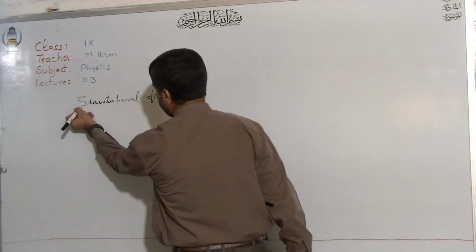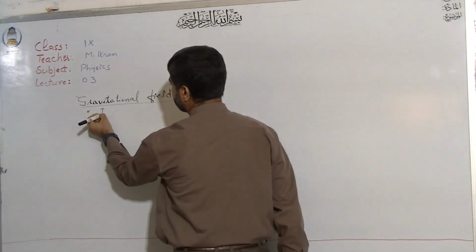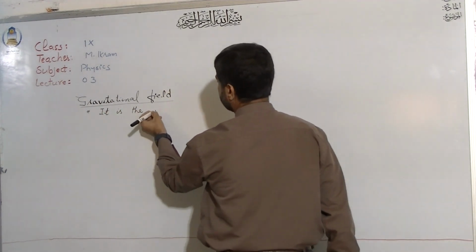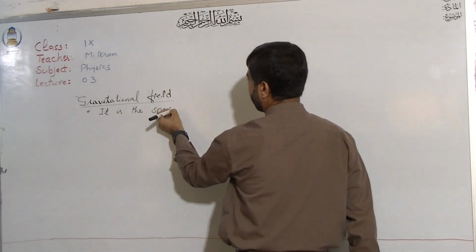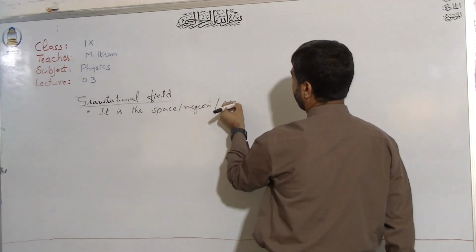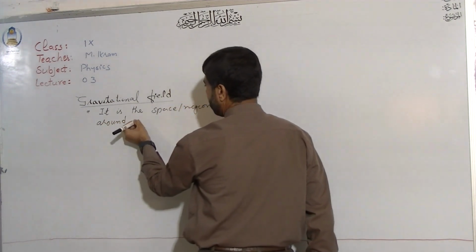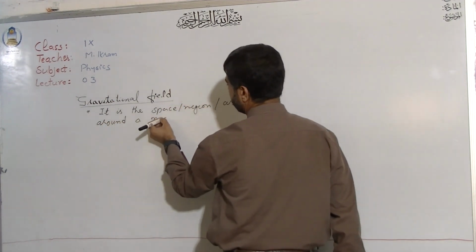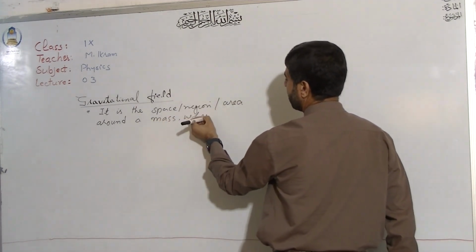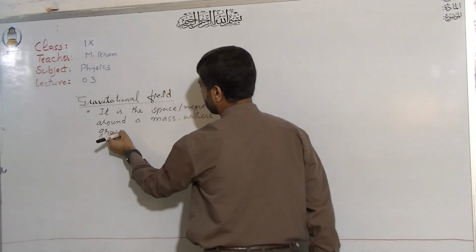Gravitational field is, in fact, the area, the space, you may write region, or area around a mass, a massive object where the gravitational force acts.